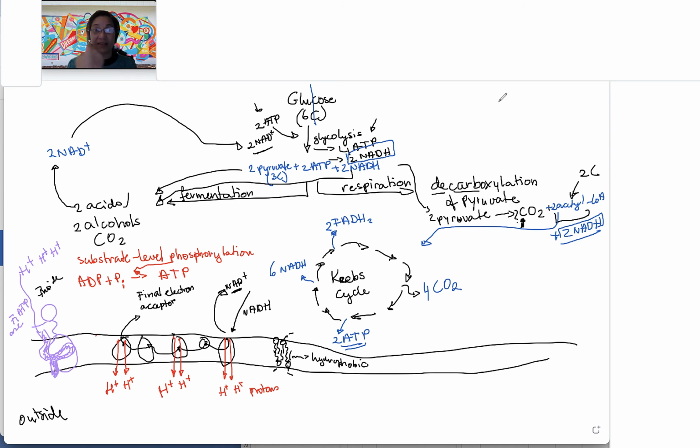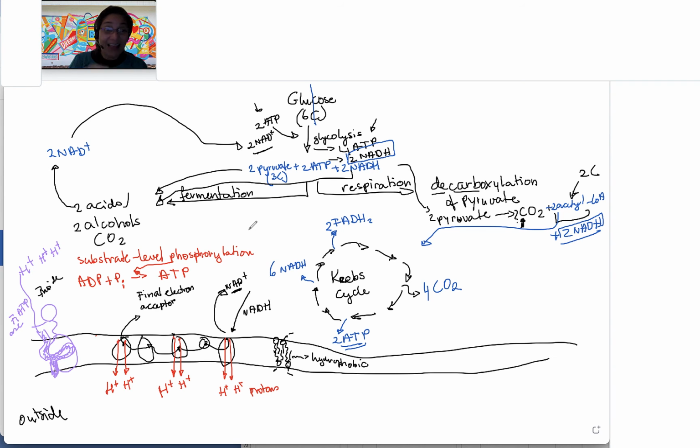It will run in circles, kind of like a little engine. That's how the protons get back in, by going in a circle around the protein, allowing this protein to rotate like a propeller.